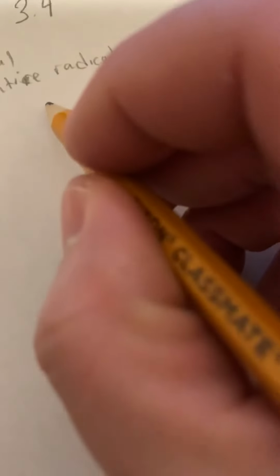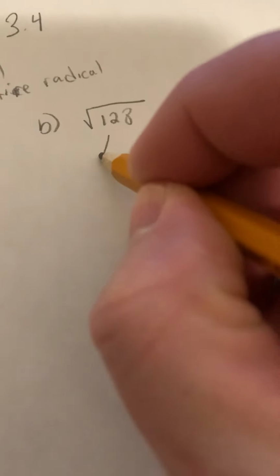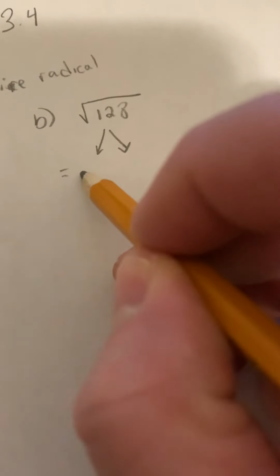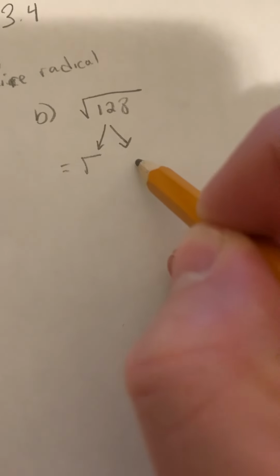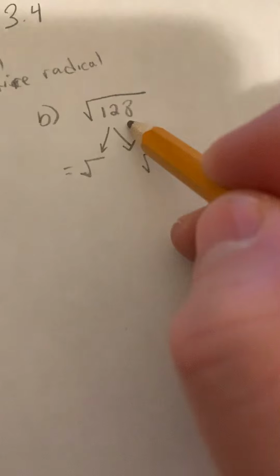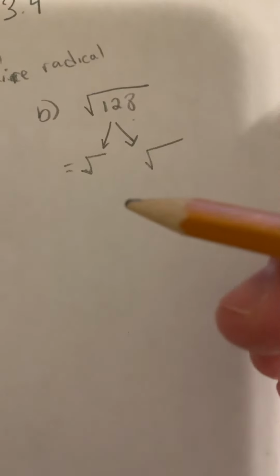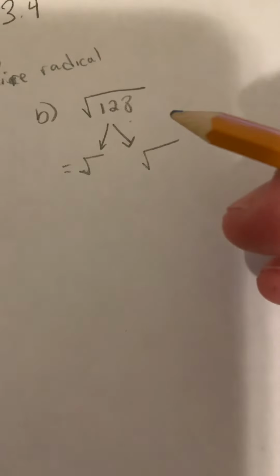So that was A. Let's go to B. The next one is the square root of 128. We're going to break down 128. It's sometimes trial and error to figure out what numbers will work. Start with the number 2: divide by 2 and see if the answer can be square rooted. Then try 3, 4, 5, and so on.